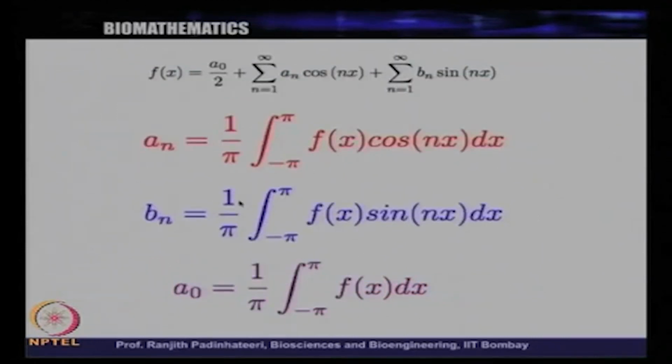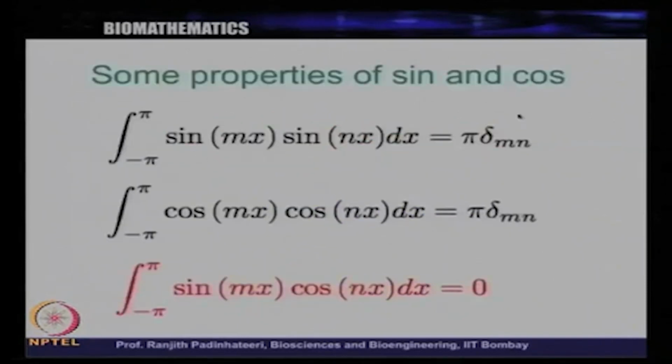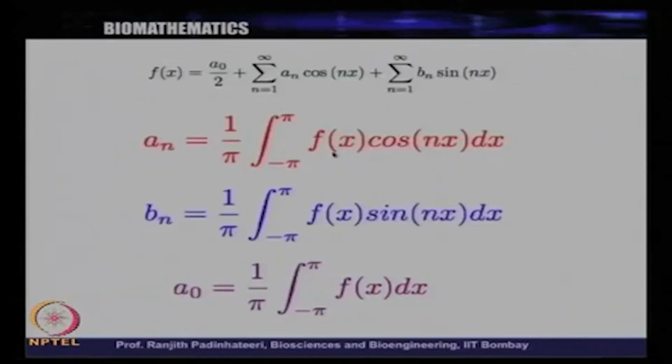You can verify this result by substituting this formula for f(x) here and using these properties. First you will have to use this property and this property, then this property and this property. So, these three properties we will have to use to get these results.